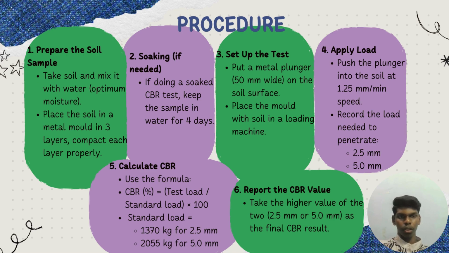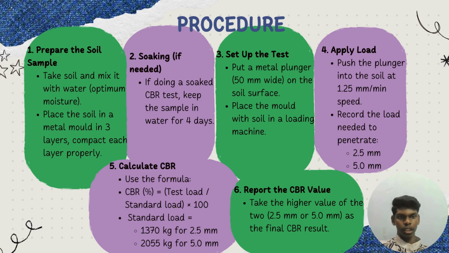Then we apply the load. The machine pushes the plunger into the soil at a speed of 1.25 millimeters per minute. We record the load required to penetrate the soil at 2.5 millimeters and 5 millimeters.